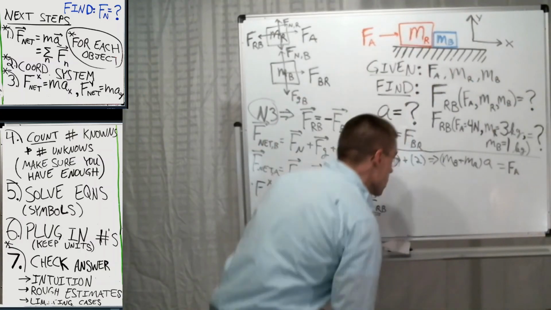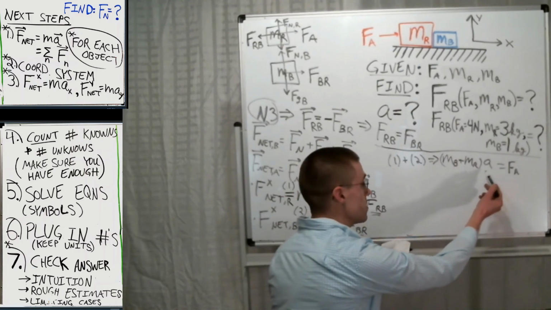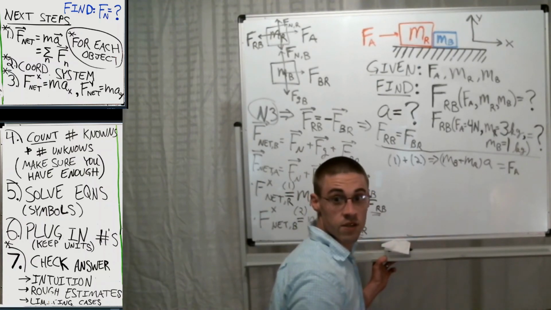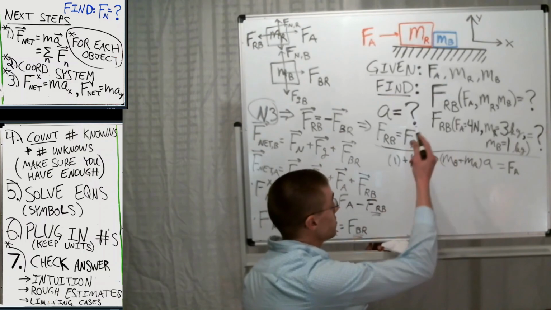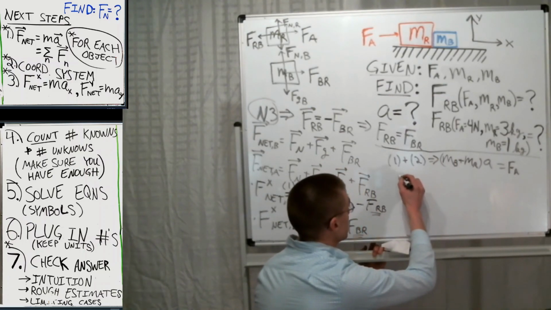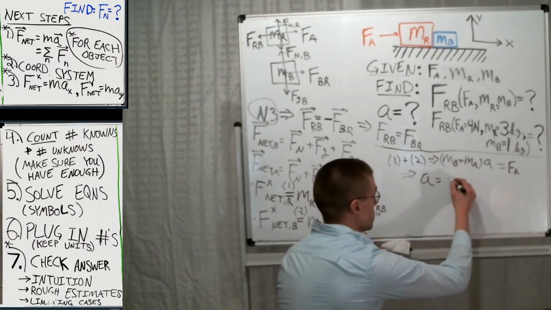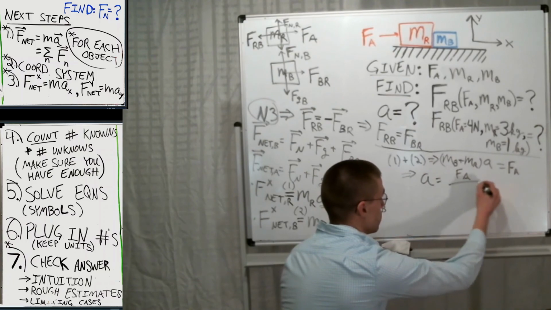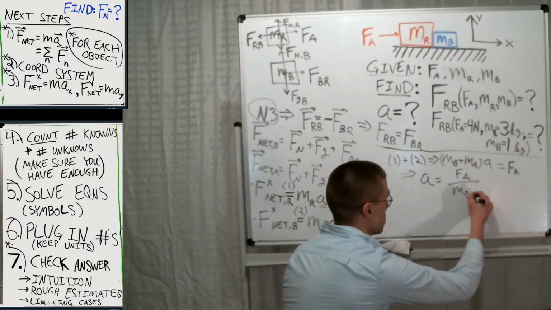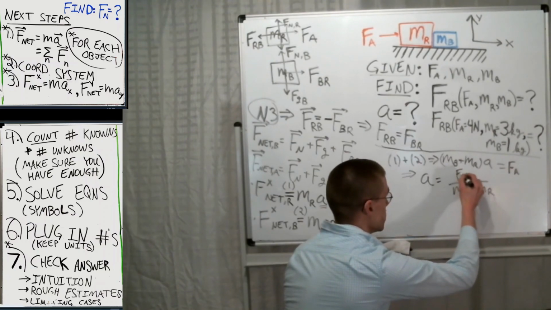Okay. Now, again, I have the total mass of the system times the acceleration of the system equal to the external force here. Right? The Newton's third law pairs are internal forces that cancel out. Again, I'm getting ahead of myself when I say that. So that means I have the acceleration equal to FA over MB plus MR. Great.